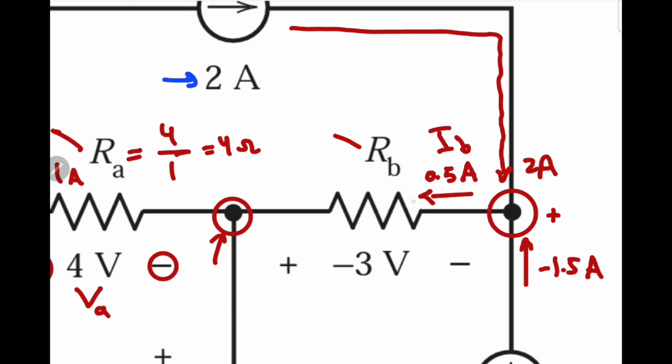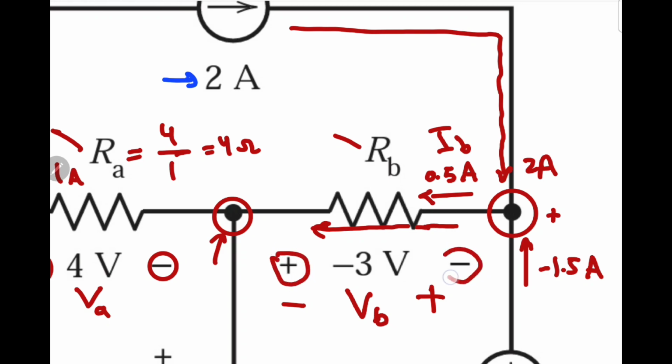Since we assume that the current is going from here to here, the conventional voltage drop across the resistor must look like this, plus or minus VB. In circuit theory, if you are given the signs already, you can always switch these signs and change the sign of the voltage.